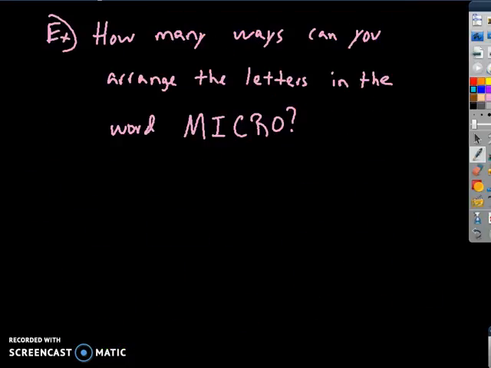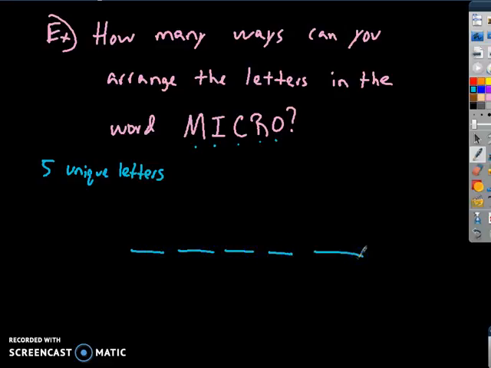How many ways can you arrange letters in the word micro? Let's first see how many letters we have. We have 1, 2, 3, 4, 5 letters. 5 unique letters. By unique, none of the letters are the same. So if that's true, you need 5 blanks.